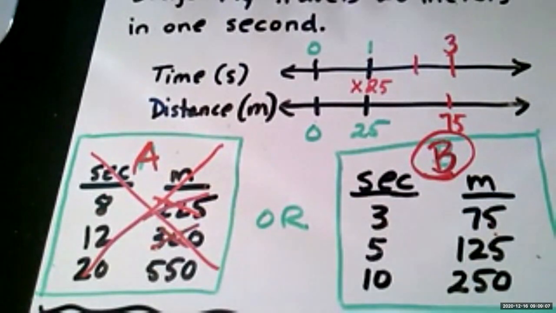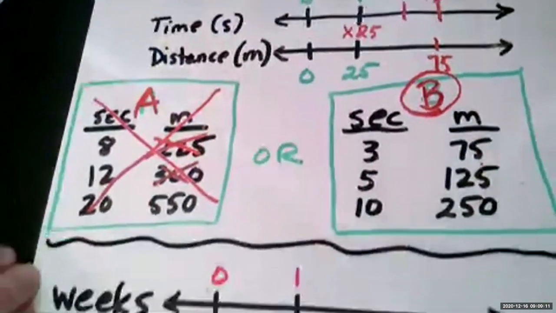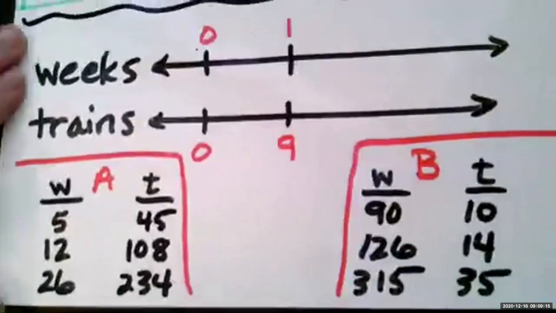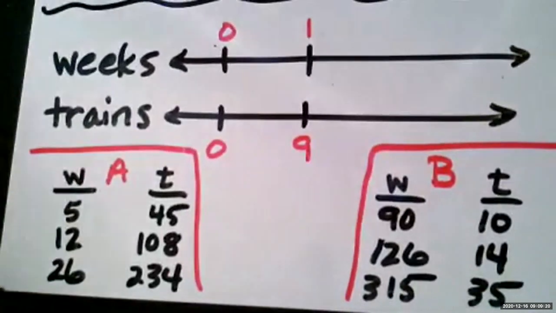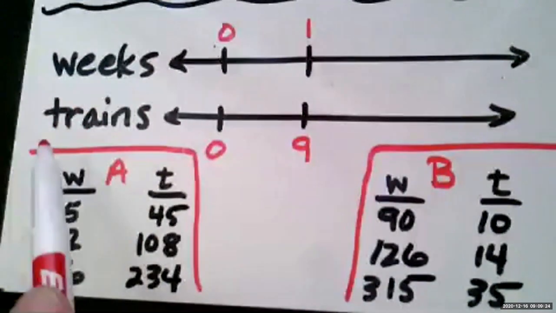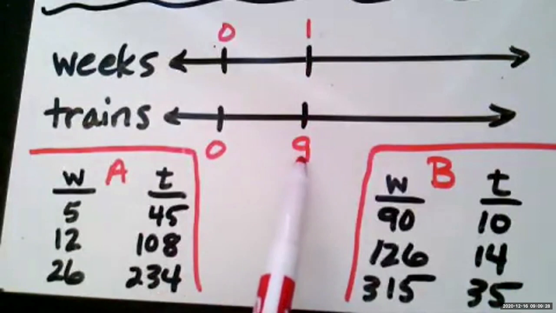All right. I'm going to give you a second scenario, but I want you to answer in the chat. Just see what matches here. If I am talking about how many weeks, if it takes 1 week for, I'm going to pick a name here, for Bryce. Bryce likes to build toy trains, okay? And let's say it takes 1 week for Bryce to build 9 trains.